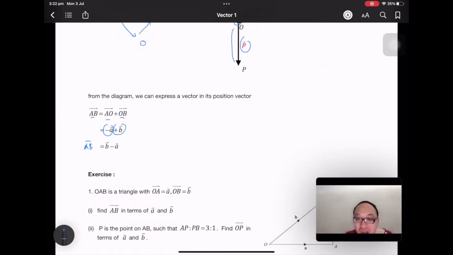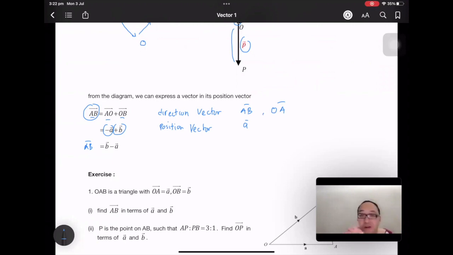And this will apply for all direction vectors. We have to differentiate between the direction vector and the position vector. AB is a direction vector because it's directing from A to B. Vector a is a position vector. A direction vector can be AB or can be OA.